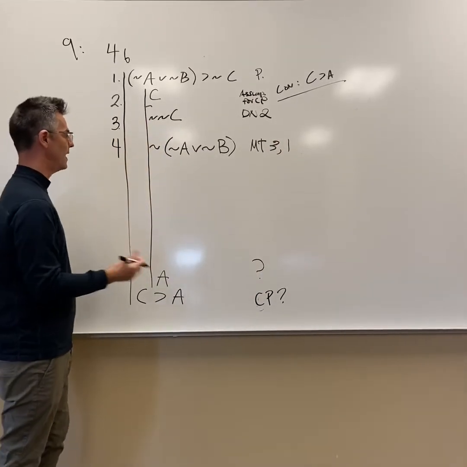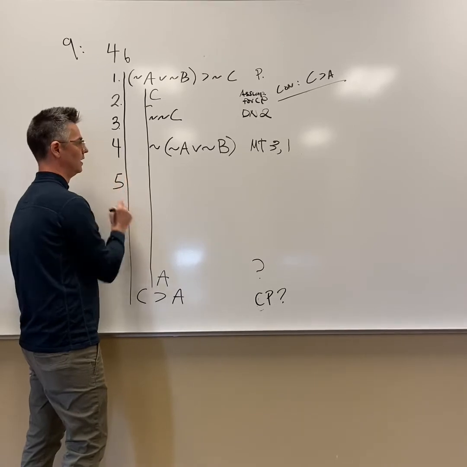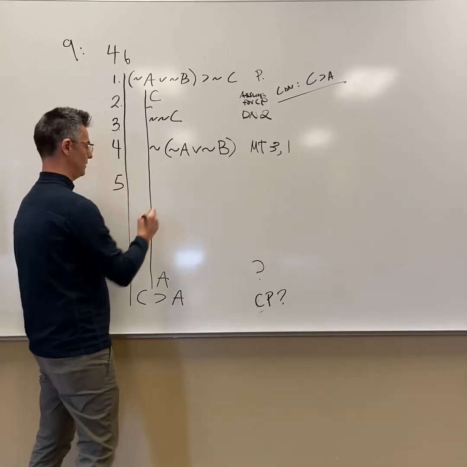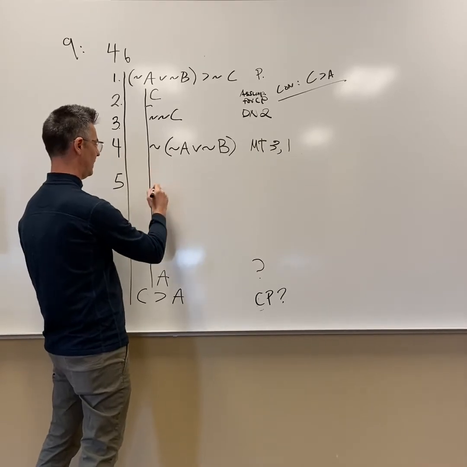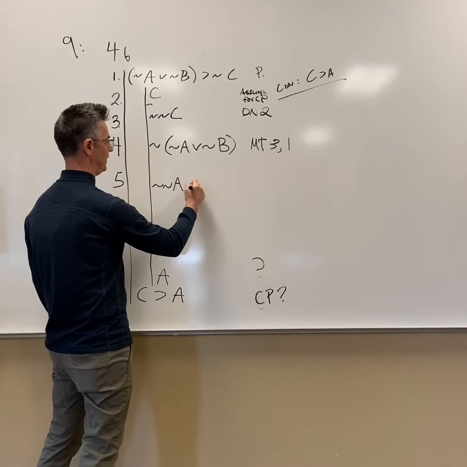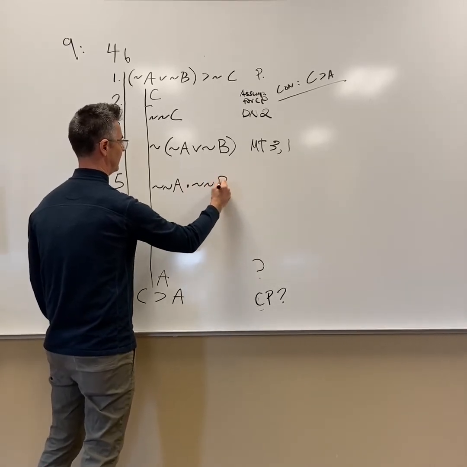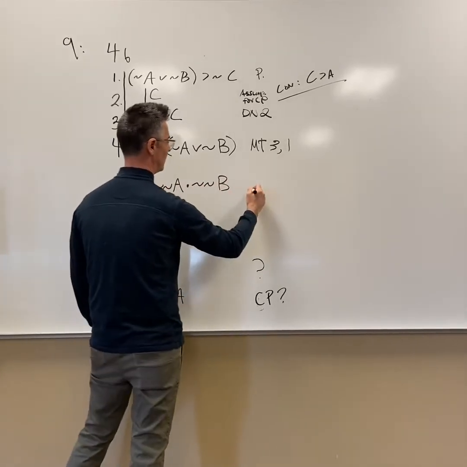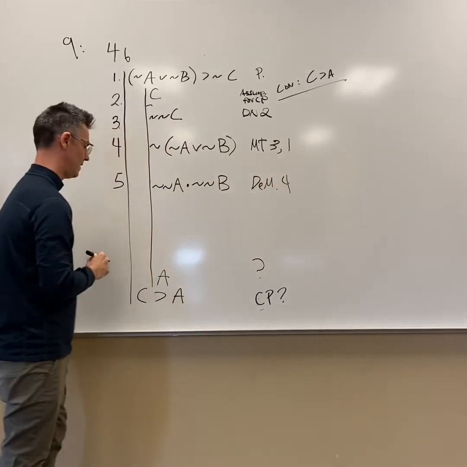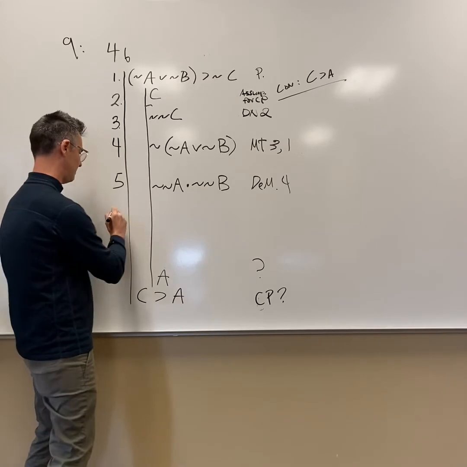Okay, but now you're off and running, because you know a rule for driving those negation signs inwards, namely De Morgan's. So we're like, oh, this is going to help. We get not A all by itself eventually, and not B, just in one step from 4. So that's De Morgan's on 4. And now, fantastic, I'm nearly done.